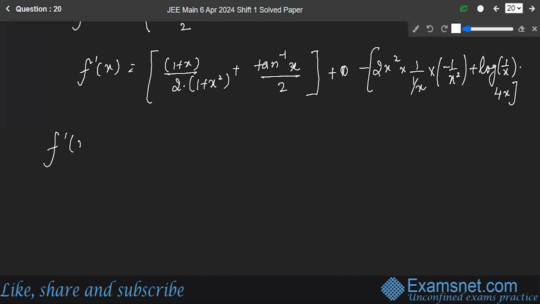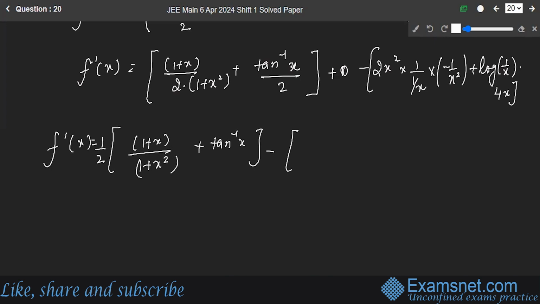Okay. So let's solve it. You have f dash x, 1 by 2 I'm taking outside. This is equal to 1 plus x upon 1 plus x square plus tangent inverse x. And this will give me minus, let's be outside, and this is 2x square into x into minus 1 by x square.